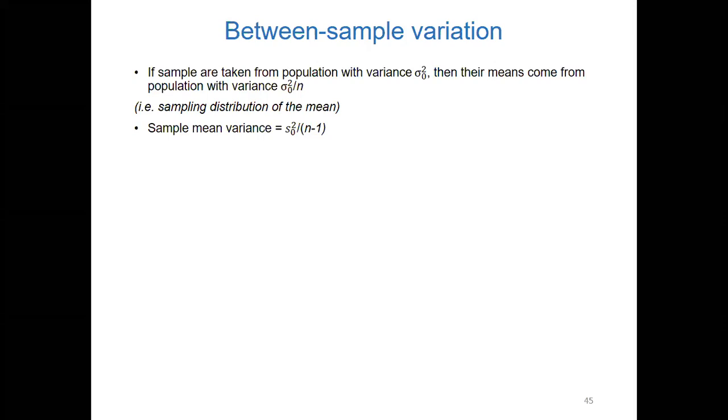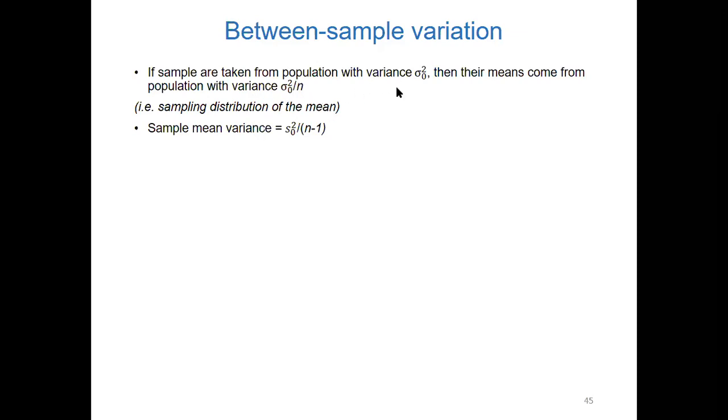If the population has variance sigma naught square, then the sample means come from a population with variance sigma naught square divided by n. That is the sampling distribution of the mean.